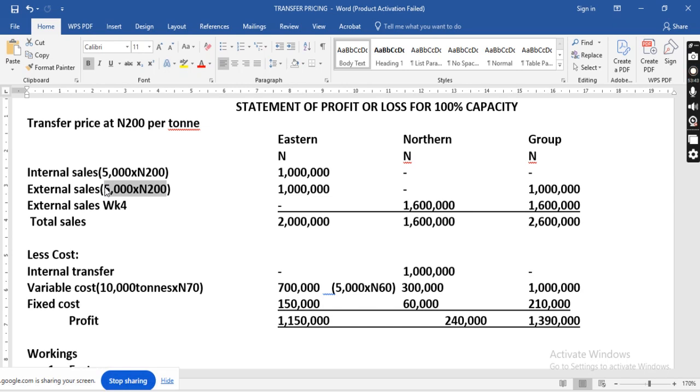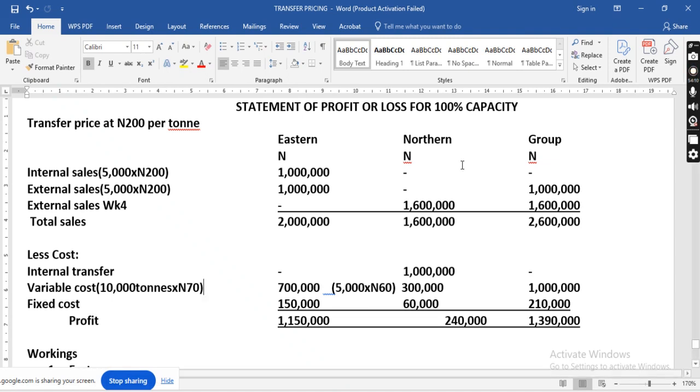For the material, you will not use anything else. It's 10,000 because it is full capacity. It is not 80%, it's full capacity. That is why I mentioned that under the 80% capacity, the normal capacity production should be 10,000 tons.